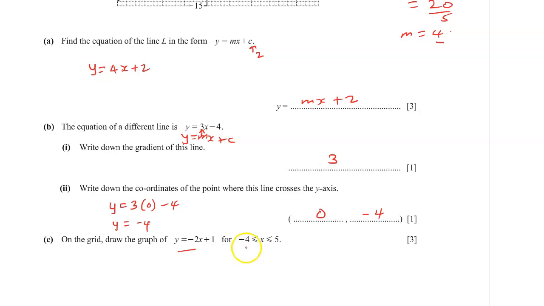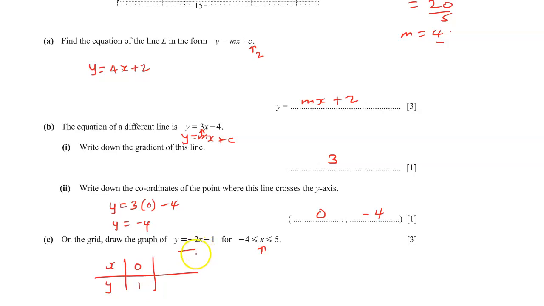On the grid, draw the graph for values between minus 4 and 5 of x. So you get the coordinates of x and y. When x is 0, y is 1.